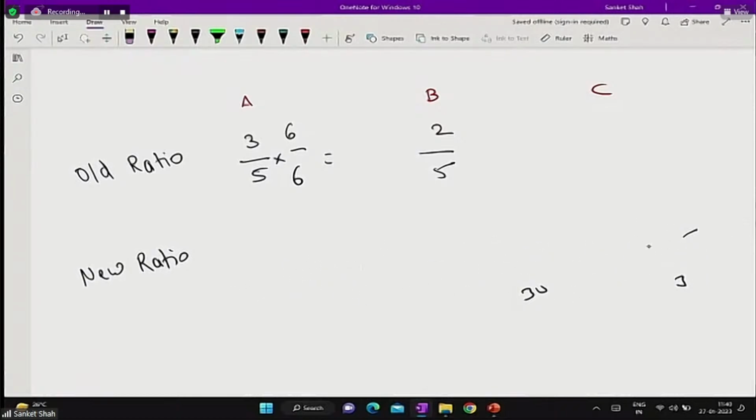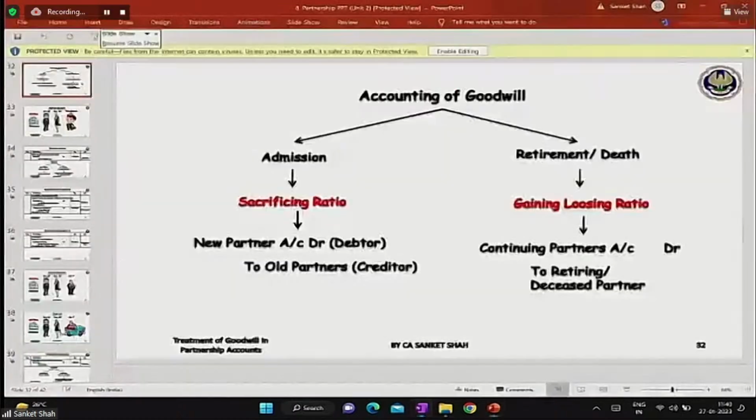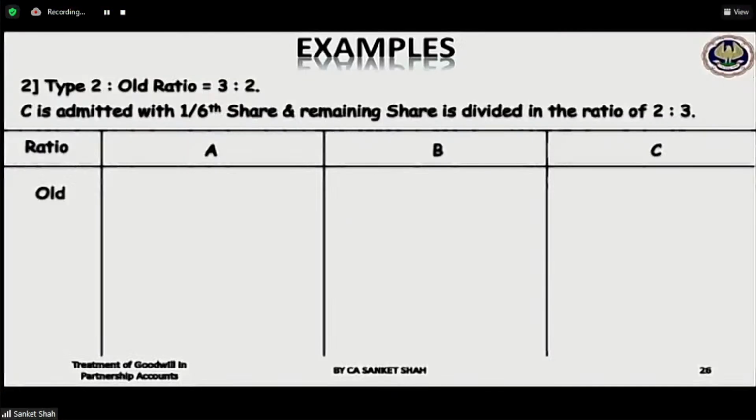Understand, 3/5 and 2/5 is given in the question. C is admitted with 1/6 share. Correct?